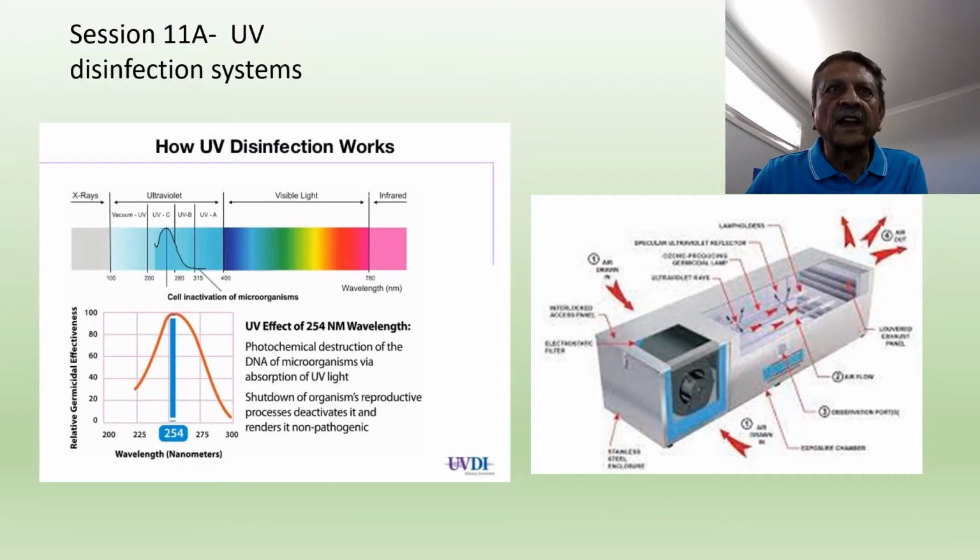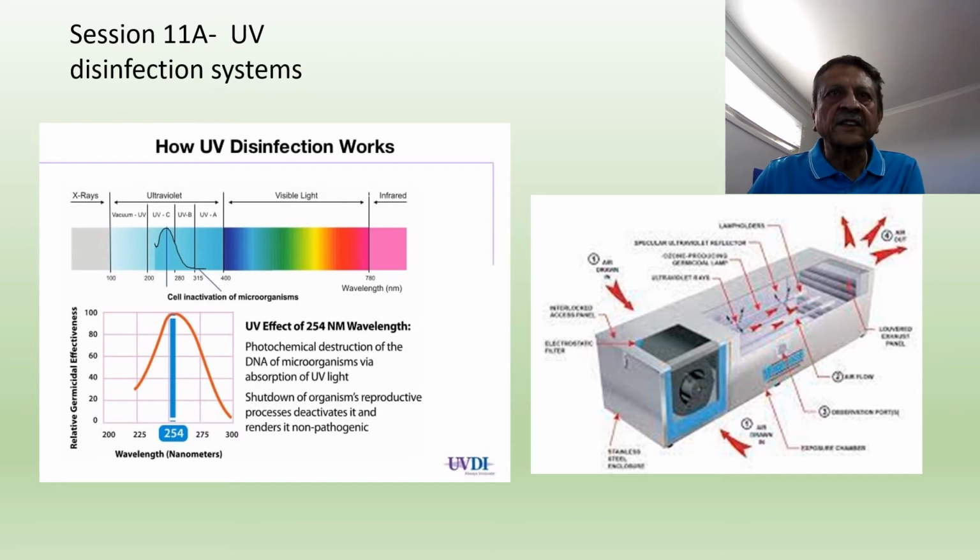The diagram on the left shows the full light spectrum from the X-rays to the ultraviolet to visible light and infrared. And if you see the graph, it is parabolic, which indicates the precise wavelength at which radiation is most effective.